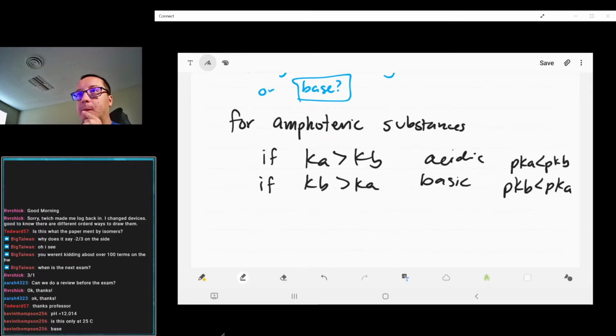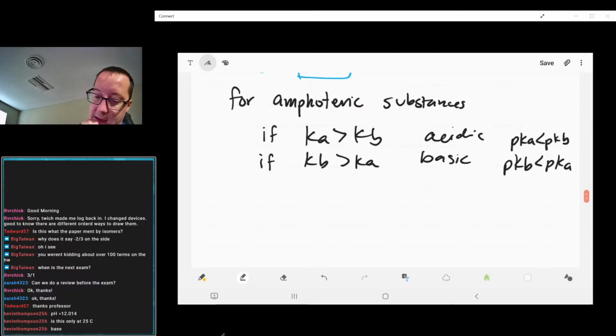All right, let's take another example. Let's look at this particular ion here, dihydrogen phosphate. Actually, let's look up phosphate and let's do it this way instead.